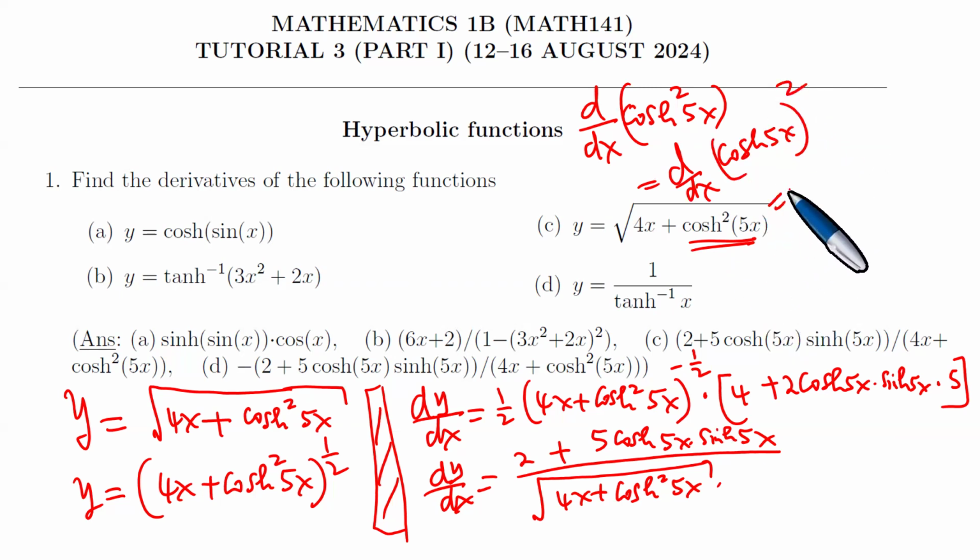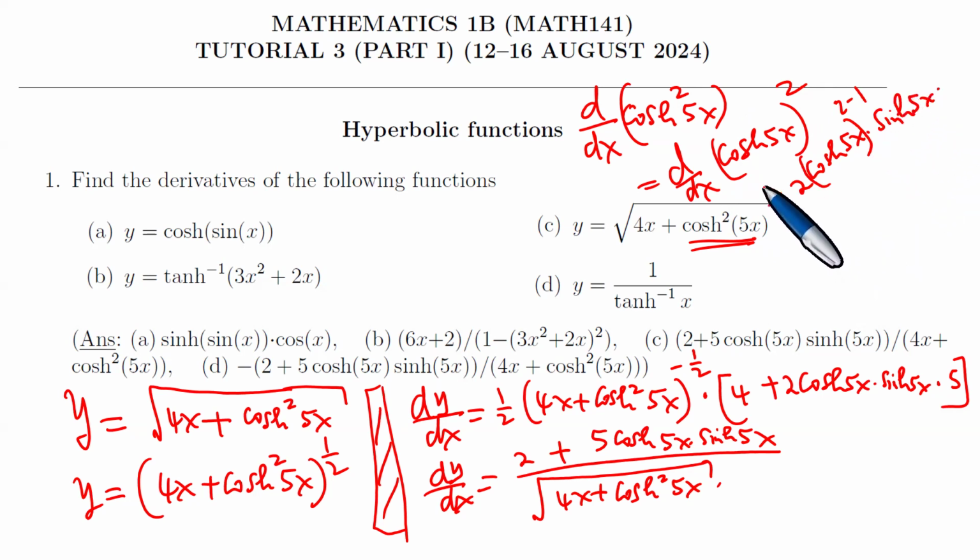What is the derivative of this? Right, you bring down the 2. Cosh of 5x. Now you have the 2 minus 1, which is to the power 1. The derivative of the cosh, which is the inside, because we just only brought down the 2 here, and we subtracted 1 from that. We proceed to find the derivative of the interior of the function, which is the cosh, and the derivative of the cosh is the sinh.